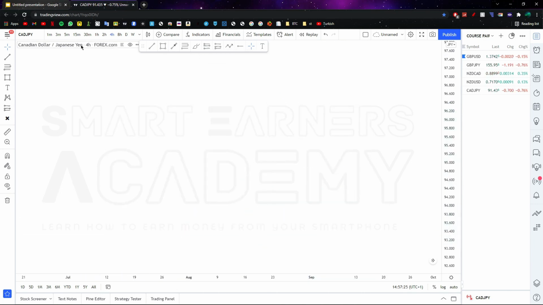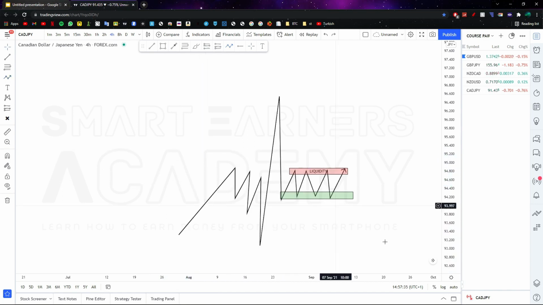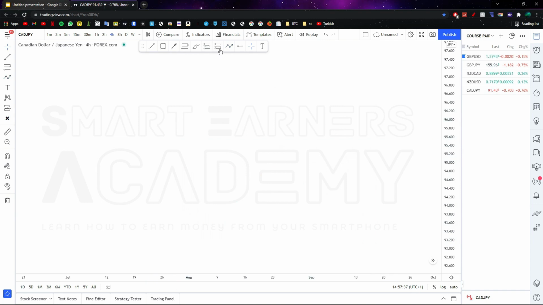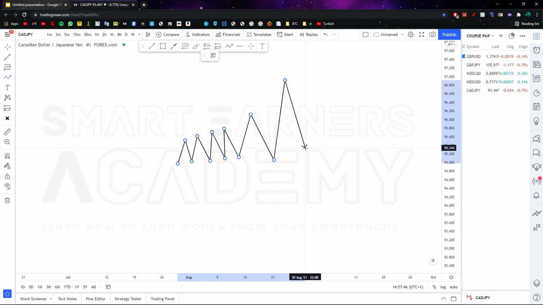Now, is there anything else? Okay, so trend lines, I'm sure you're all familiar with as well. So trend lines are basically support and resistance, but in a direction. For example, it's quite hard to do it with the tool.